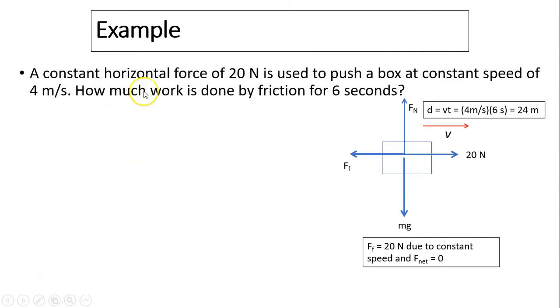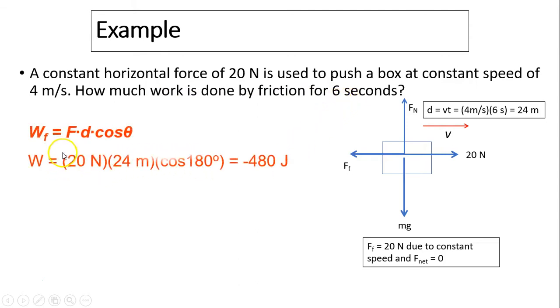Another example, a constant horizontal force of 20 newtons is used to push a box at a constant speed of 4 meters per second. How much work is done by friction in 6 seconds? Well, what is the friction force? Friction force has to be the same as the horizontal force because the box is moving at constant speed. That means acceleration equals 0 or the forces cancel out. So friction has to equal 20 newtons.